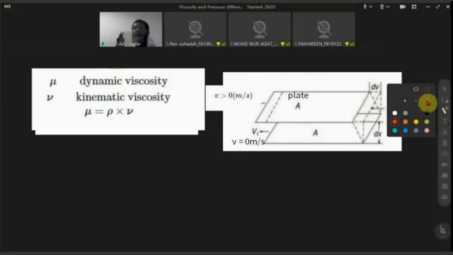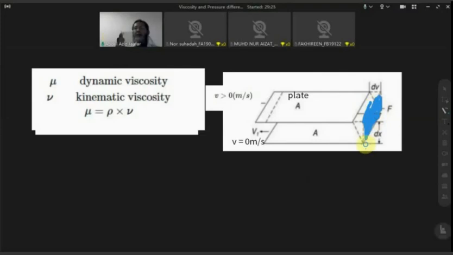Right. So before the force is applied, the volume of fluid has a cuboid shape, and we have a rectangular cross section. When the force is applied to the fluid between the plates, the fluid geometry becomes rhomboid or parallelogram, right?